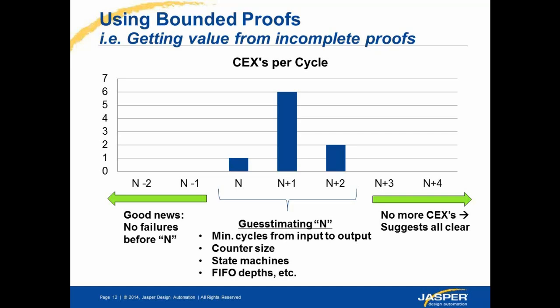Most experienced formal verification engineers do something like this. They calculate the flop boundaries from the input to the output, or they factor in counter sizes or FIFO depths or the different FSM states in your design, and they estimate a number n or a period window where they anticipate the maximum number of counterexamples.